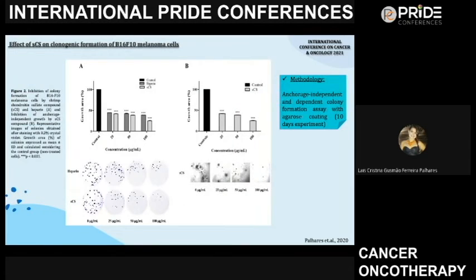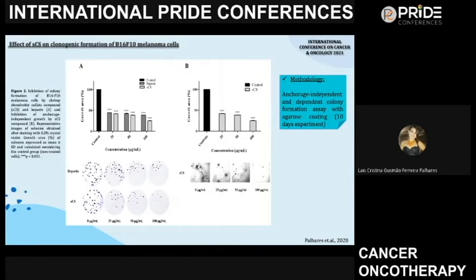So we pursued the studies, and we did an in vitro long-term proliferation assay, where we incubated the cells on top of agarose-coated plates, and we left them there for 10 days. What you can see, those dark dots, are actually the colonies, because melanoma cells are known to form colonies.